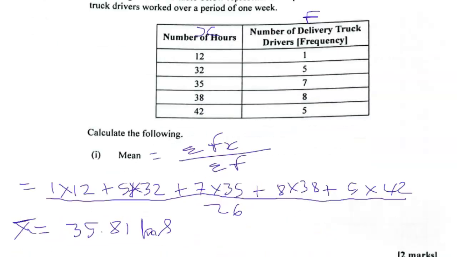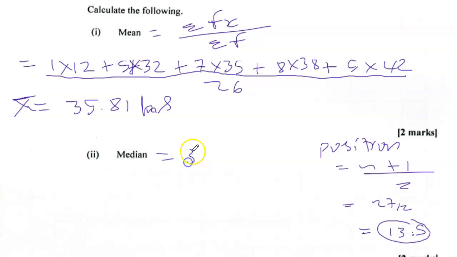So the median will be average of 35, which is the 13th number, plus 38, which is the 14th number. Add these two values and divide by 2. We end up with 36.5. So the median is 36.5 hours.